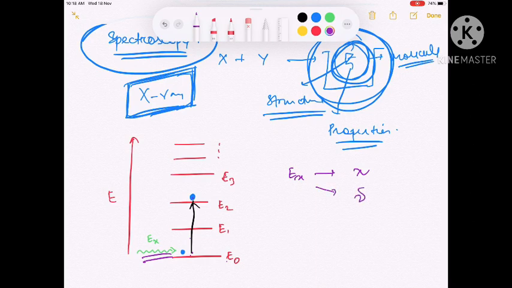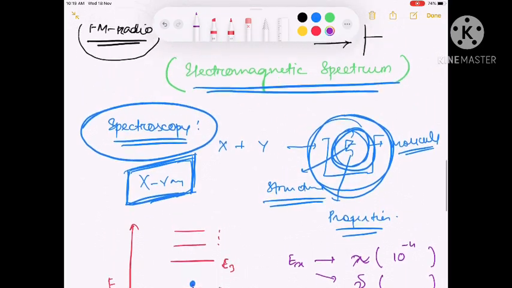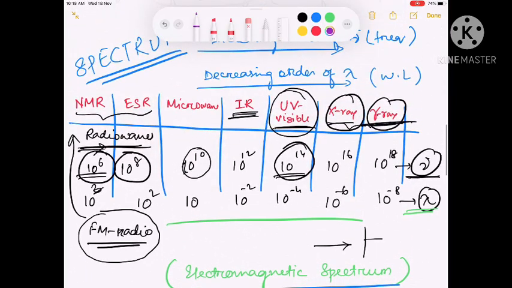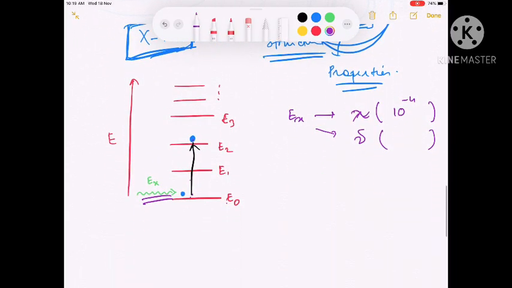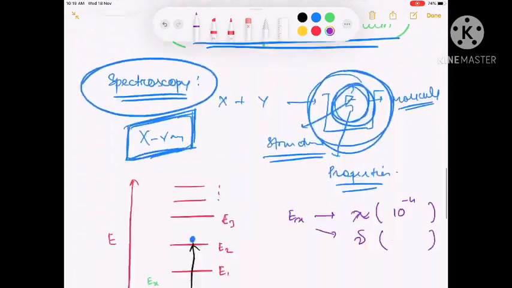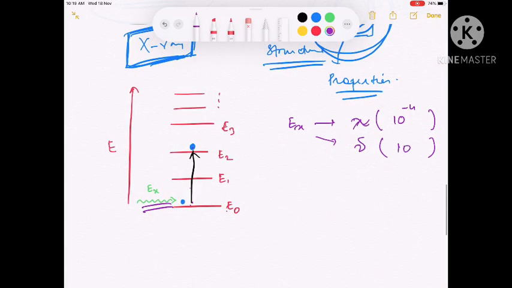Now we will check which part of the spectrum this wavelength or frequency belongs to. Say if the wavelength has a value of 10 to the power minus 4, then we will know that it falls in the UV visible region. For frequency also you can check. The frequency for UV visible will be 10 to the power 14.